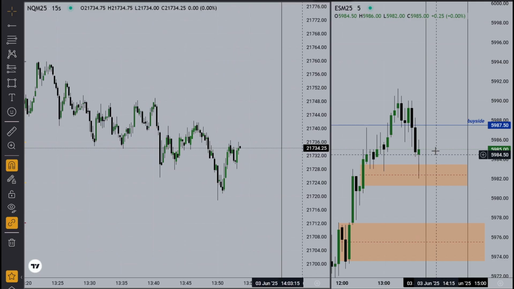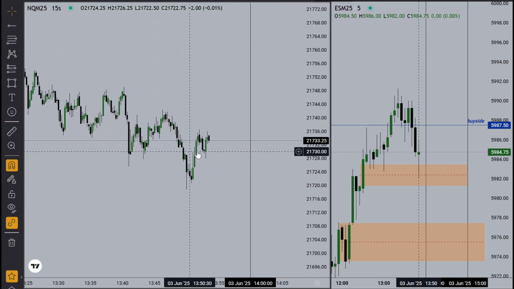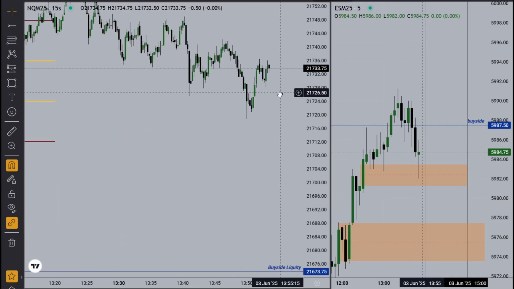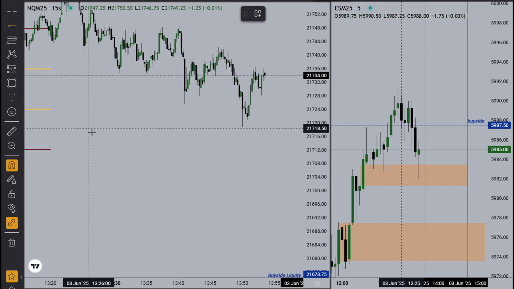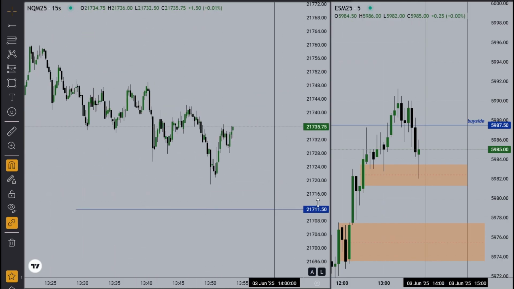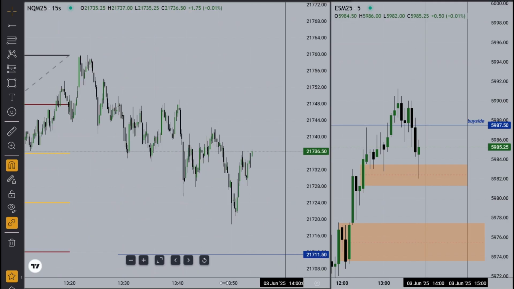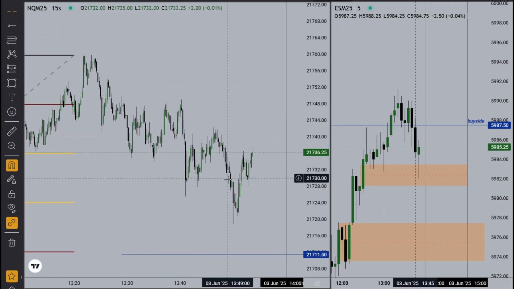You can see the ES structure is to the downside, because that's a major break of structure to the downside. So I'm going through the lower time frame to check where the market actually wants to go.